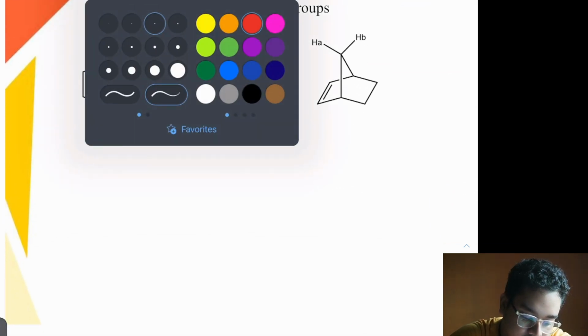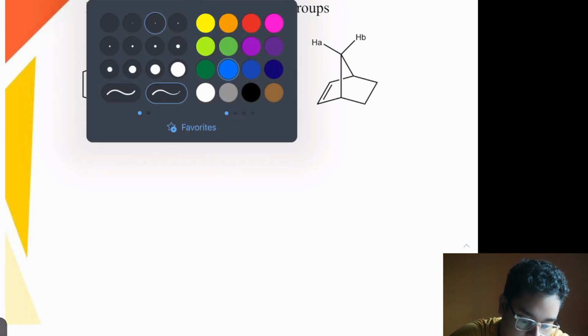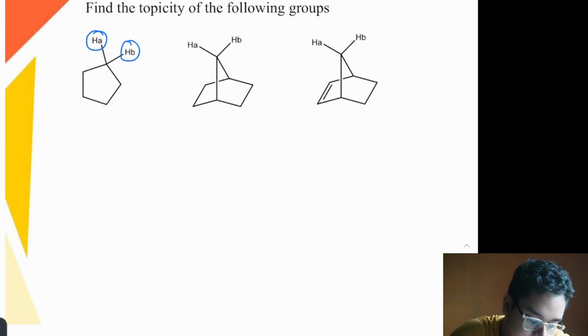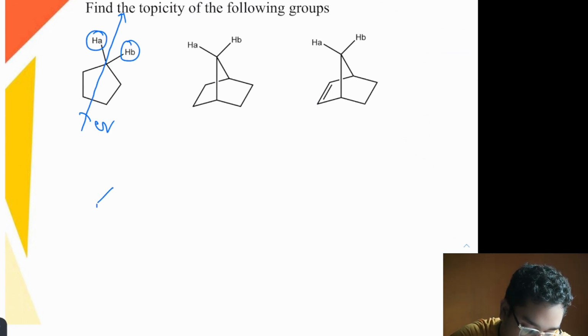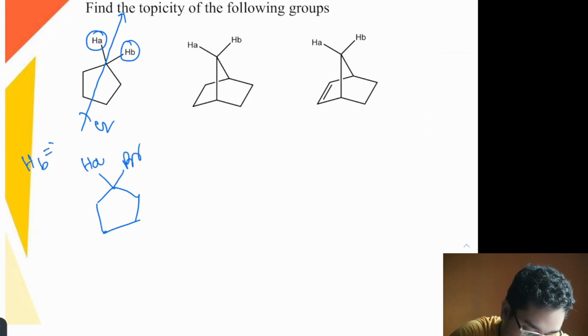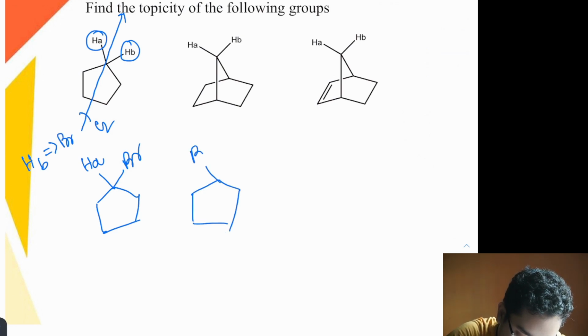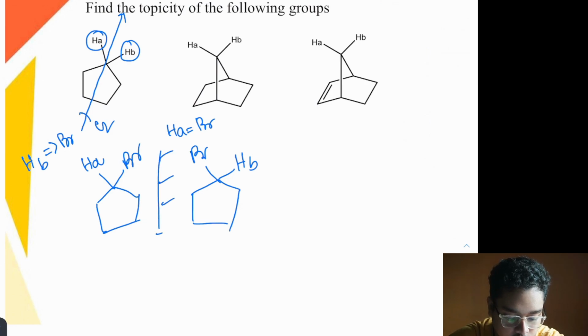Now let us move to this particular compound, HA and HB. If we see firmly, these two are interchanged by a C2 symmetry, or if we do the simple substitution, HB to Br and HA to Br, then these two are nothing but the same molecule.